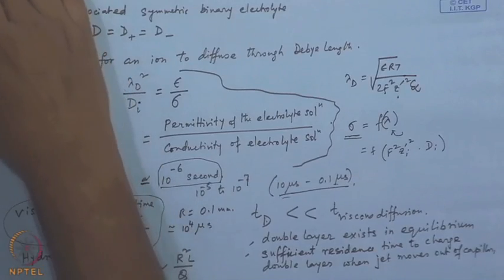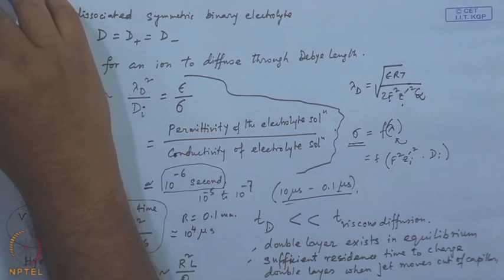So, as a matter of fact, since we are into this relaxation time scale, we need to understand it, or rather we will address this time scale once again at a later time, because so far we have assumed that this is a DC electric field.